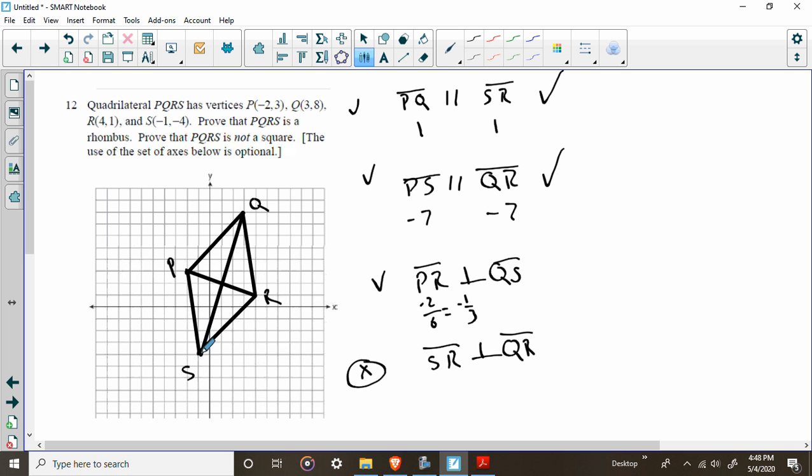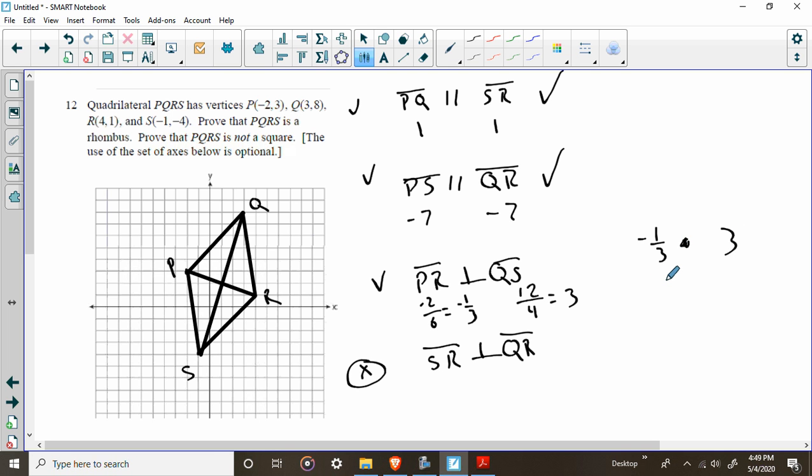Okay, from S to Q, we're going to have 1, 2, 3, 4, 5, 6, 7, 8, 9, 10, 11, 12 over 1, 2, 3, 4. So 12 over 4, which is 3. Same slopes as last time, very similar to the last problem. Okay, -1/3 is not equal to 3.